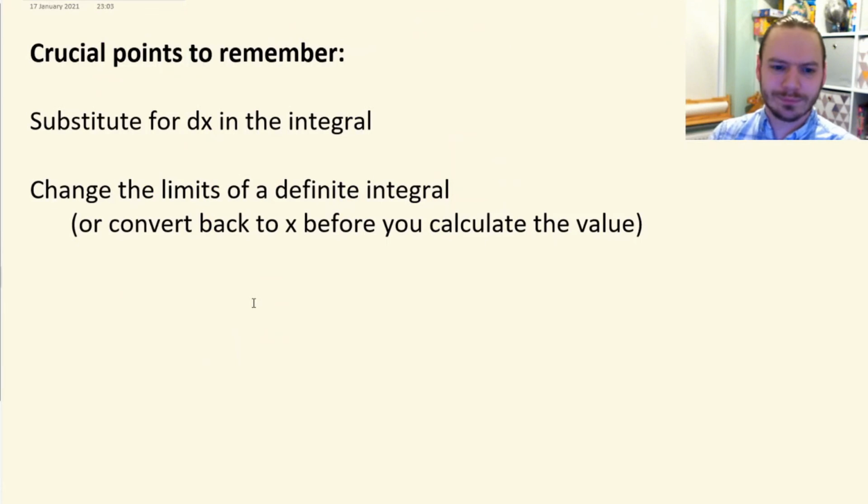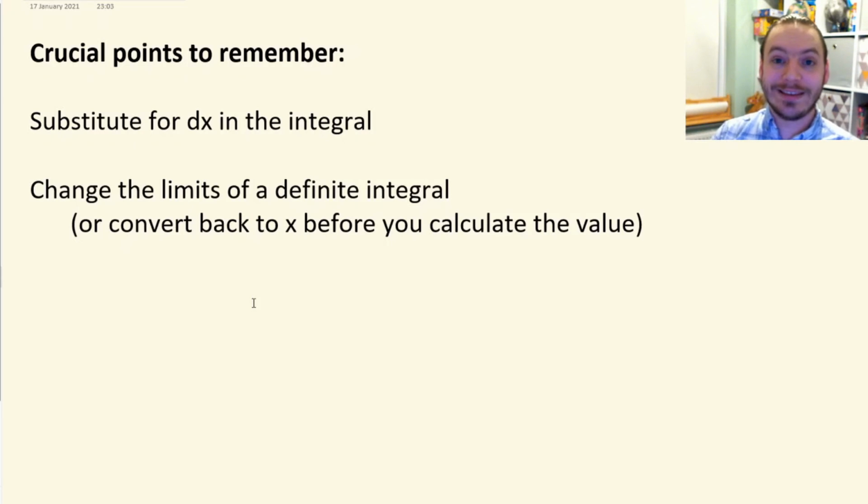A little summary. There's a couple of really key points you need to pay attention to when we're doing substitution. Obviously, we need to get rid of all the x's and put them in as u's or thetas or whatever it is. But don't forget, you also need to substitute the dx and replace that with a du or a d theta, depending on what your new variable is.